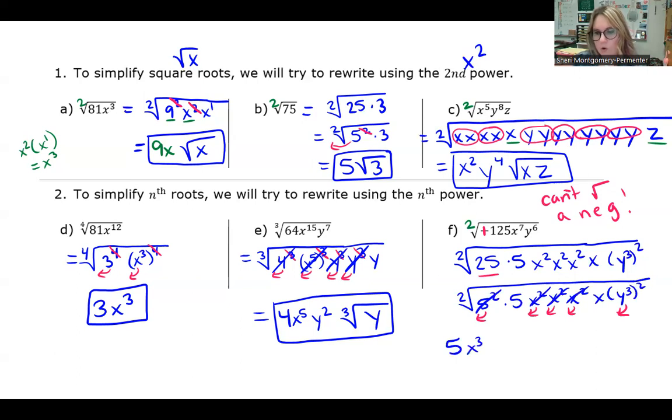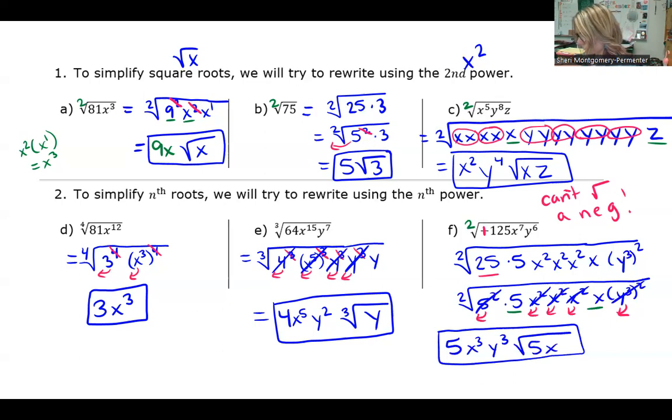And then I have a y to the 3rd. And then I write down what I have left. We'll go underneath the radical. I have a 5 and an x left over. Hopefully you guys are starting to see the big picture, what it is that we're doing. We're rewriting things so that we can cancel.